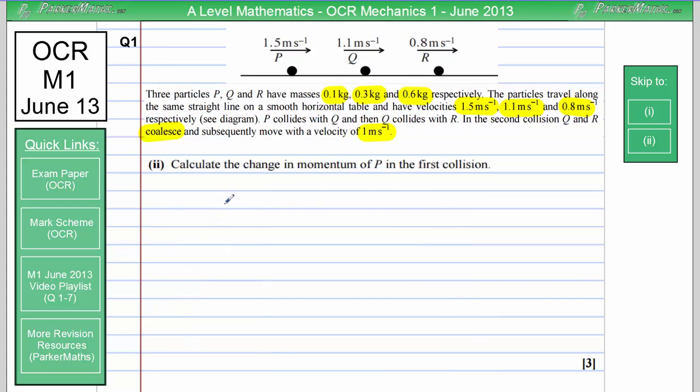In part 2, we need to calculate the change in momentum of P in the first collision. This time we do want to work with particles P and Q, so let's start by drawing a diagram.